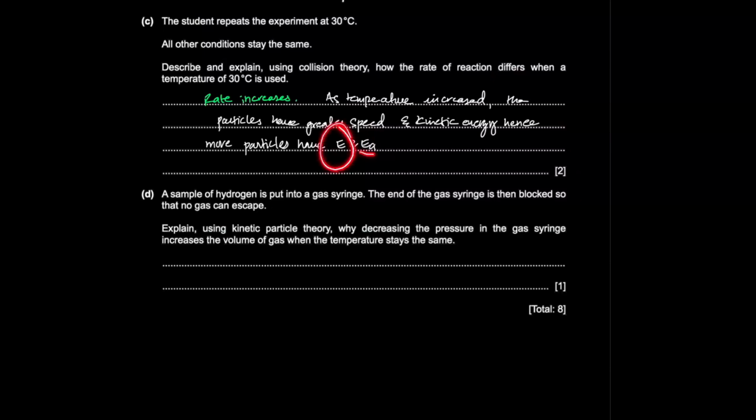So more particles have energy greater than or equal to the activation energy, right? And as a result, what happens? The frequency of successful collisions increases. Successful collisions are collisions that result in a reaction.